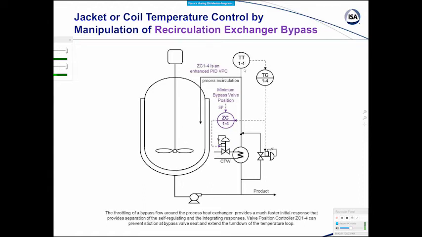Then the recirculation temperature should be fast so that we have a good cascade loop, where the secondary loop, the recirculation temperature, is at least 5 times faster than the primary loop, that is the vessel temperature.